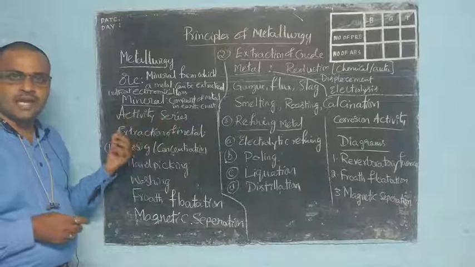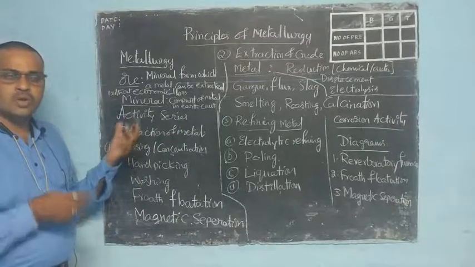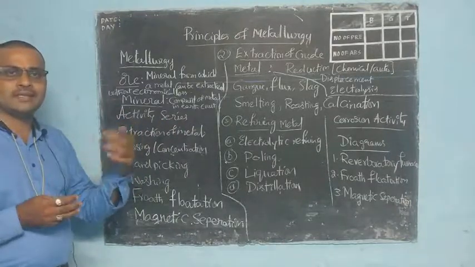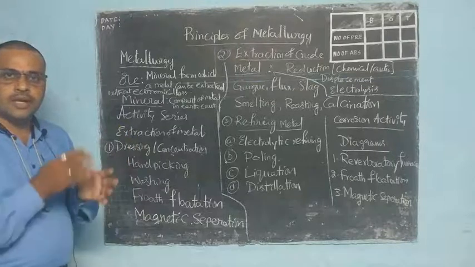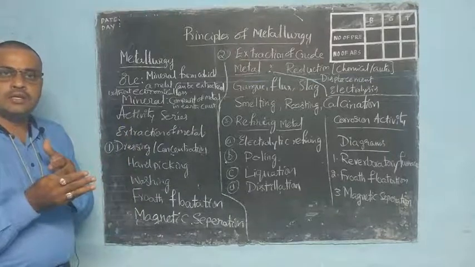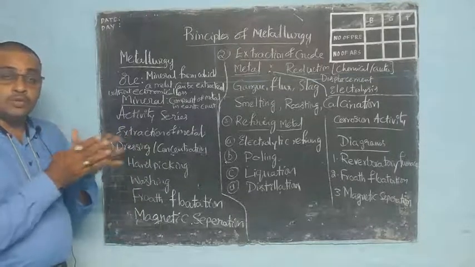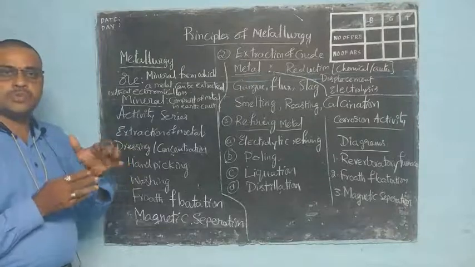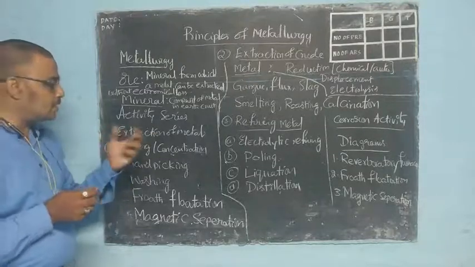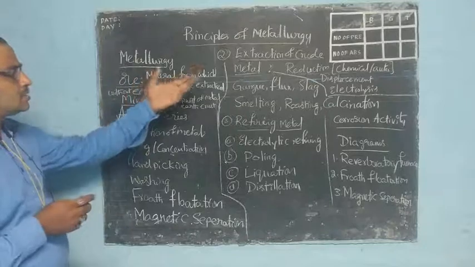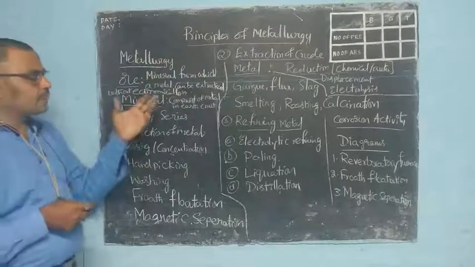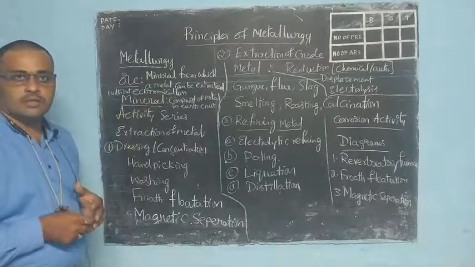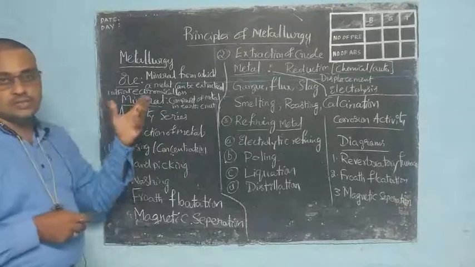What is the use of this activity series? We will come to know how to extract the metals, and according to that reactivity, we will utilize different types of extraction materials and different types of extraction processes. So those things also we will come to know.